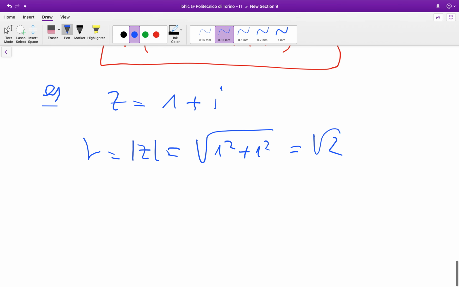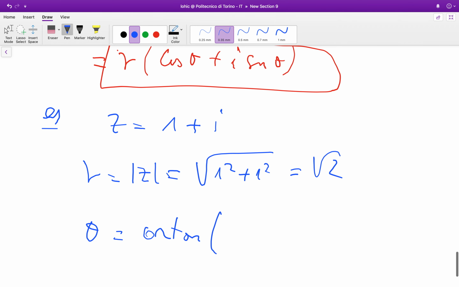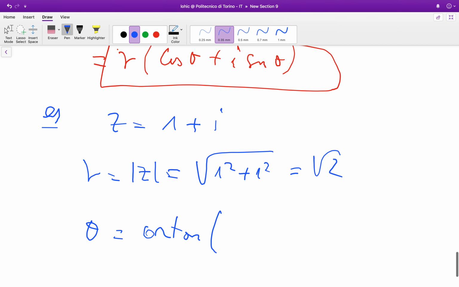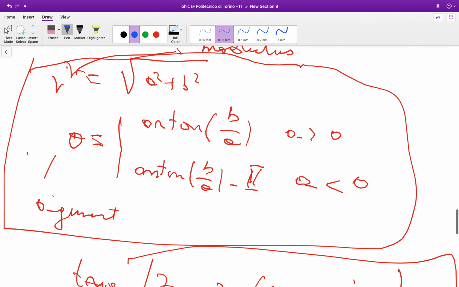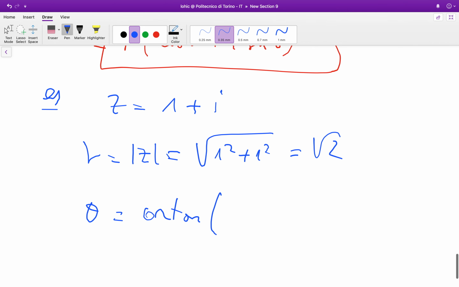Then, as we know the modulus, now we can find the argument. We saw that theta will be arctan of b over a. Now what is b? B is 1, right? Because here is the formula. We will use this one because a is greater than 0, so it will be 1 over 1, equal to arctan of 1, but arctan of 1, I remind you, is pi over 4.